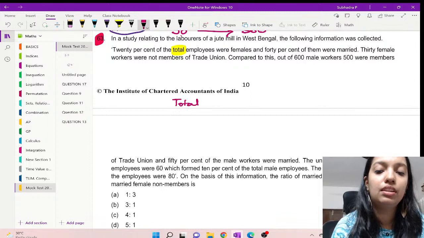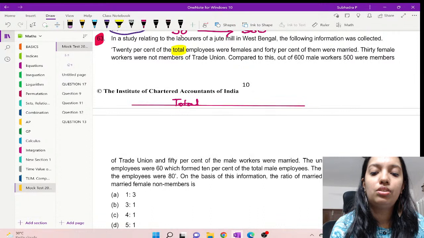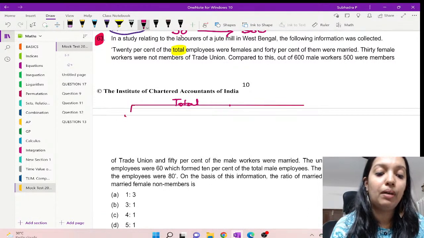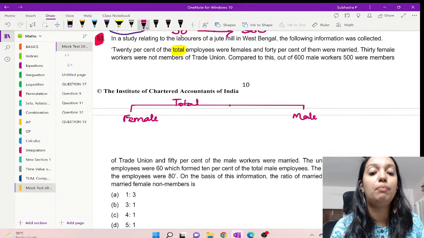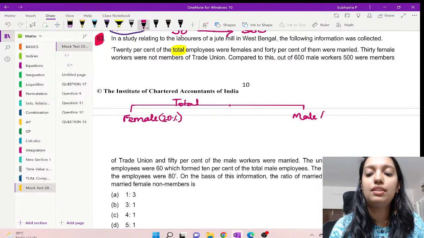Total employees can be divided into two parts, male and female. What have they told? 20% of them are female. So that means male are 80%.